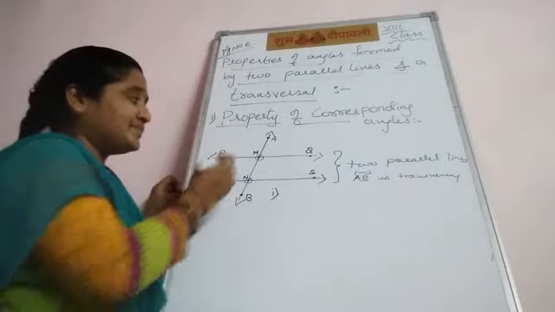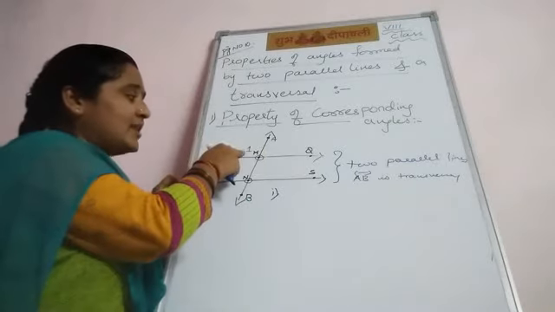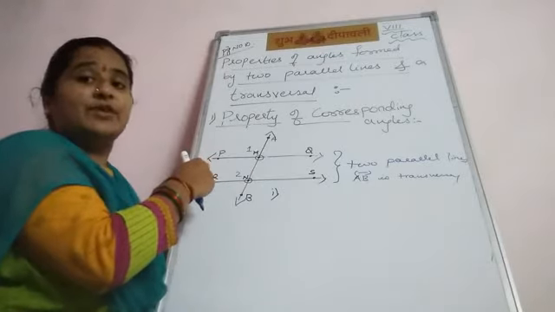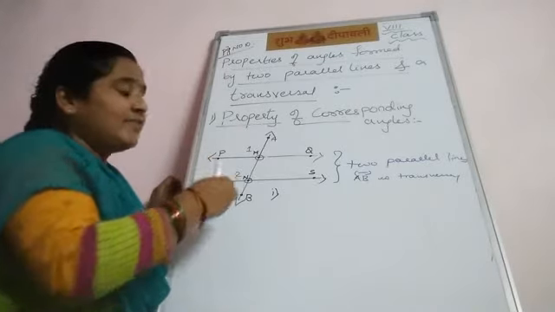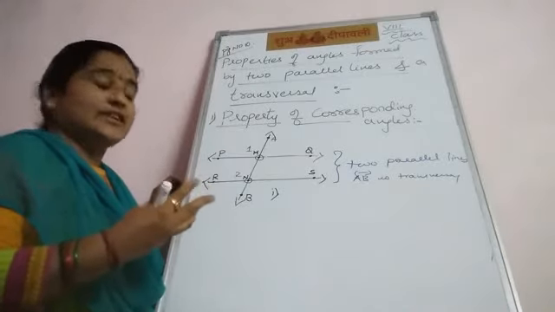First pair. Here I am using some numbers. Angle 1 and angle 2 is the first pair of corresponding angles. Whenever we are writing the angles, now we are going to write three letters, not a single letter.